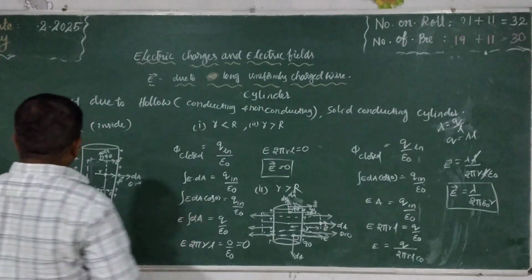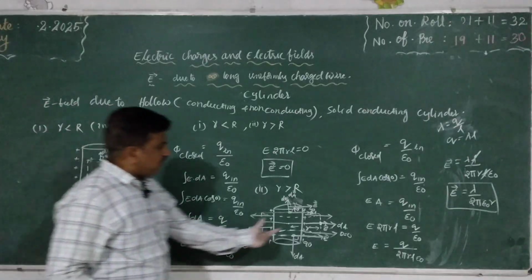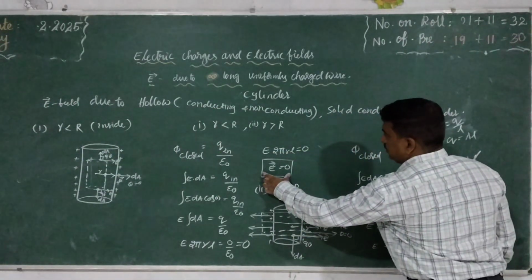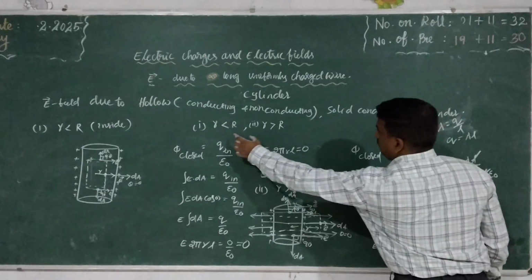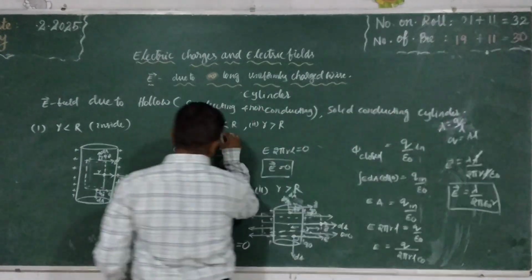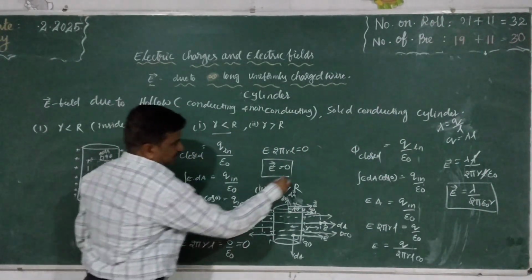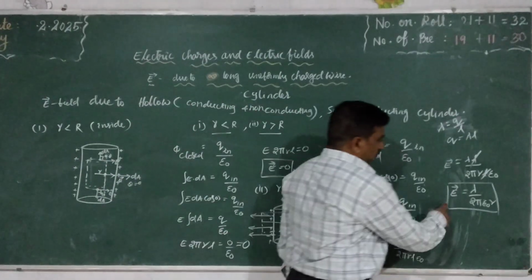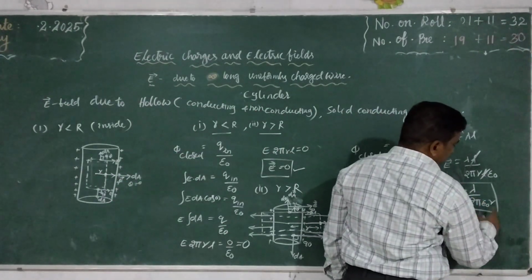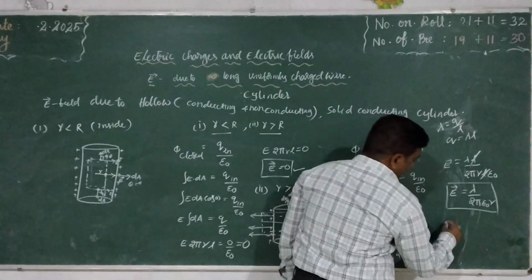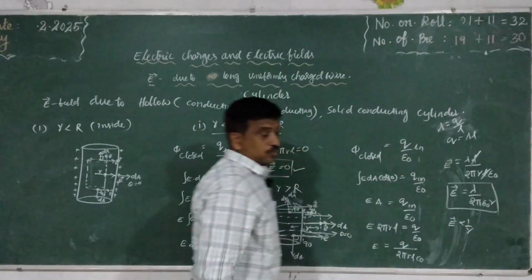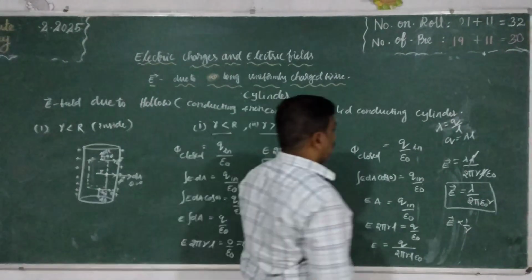See this one, inside the electric field is 0, where distance is from the center, that is, inside the cylinder, so the electric field is 0. Outside the cylinder the electric field is E equals lambda by 2 pi epsilon naught r. In this case E is proportional to 1 by r. We can draw a graph now for this.